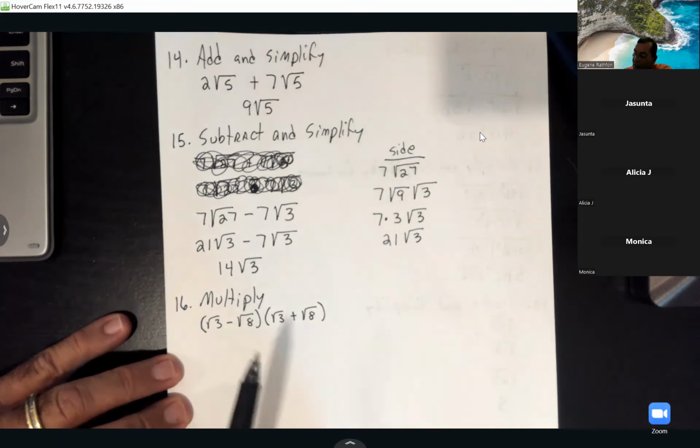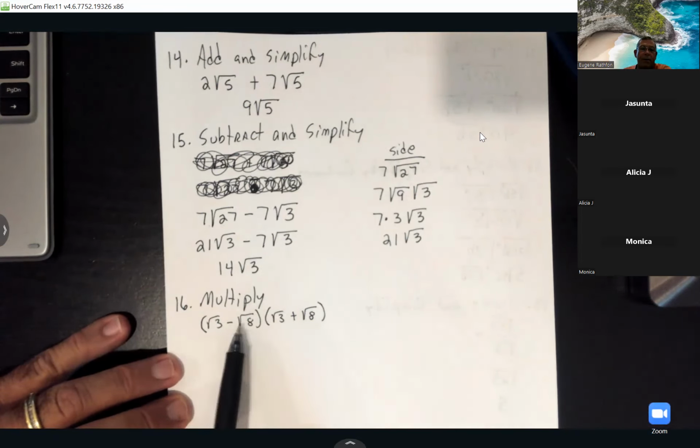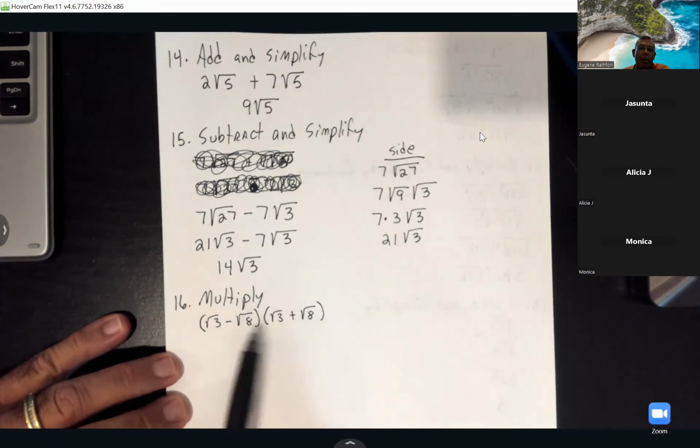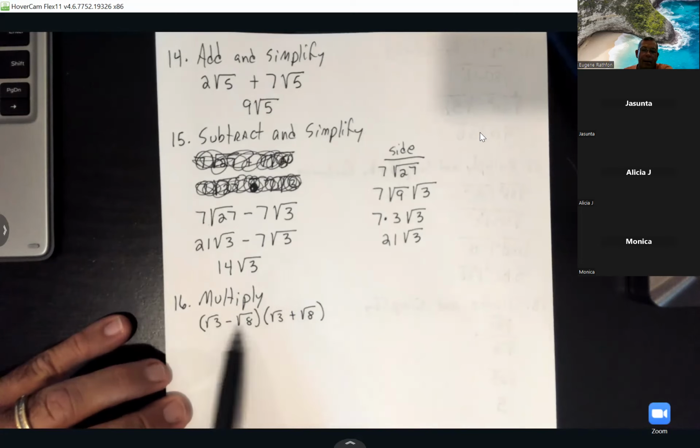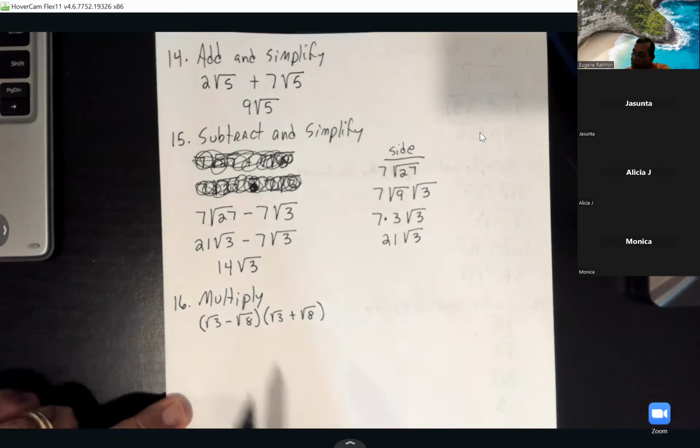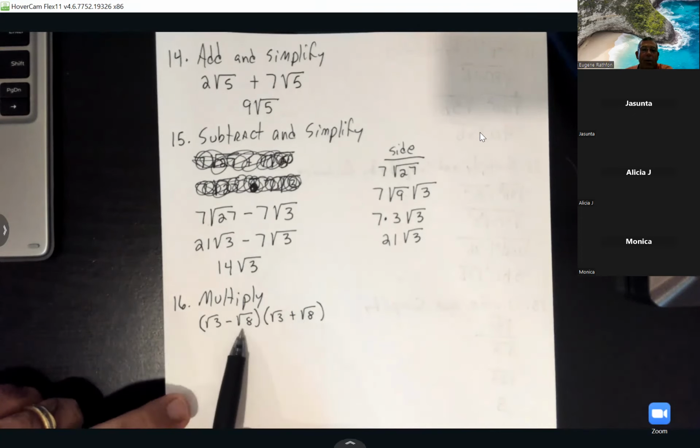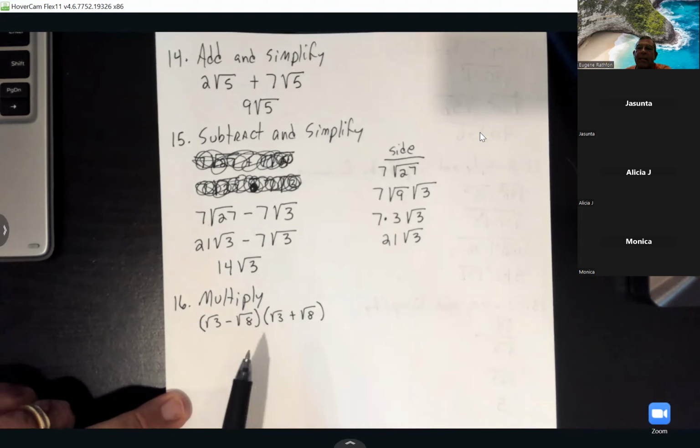Now, the thing you got to remember, these are what we called conjugate pairs. Remember when we was foiling conjugate pairs? You ended up with single numbers and stuff like that. Well, when you multiply conjugate pairs of radicals like this, we're going to end up with a single number on this, okay? So here we go.